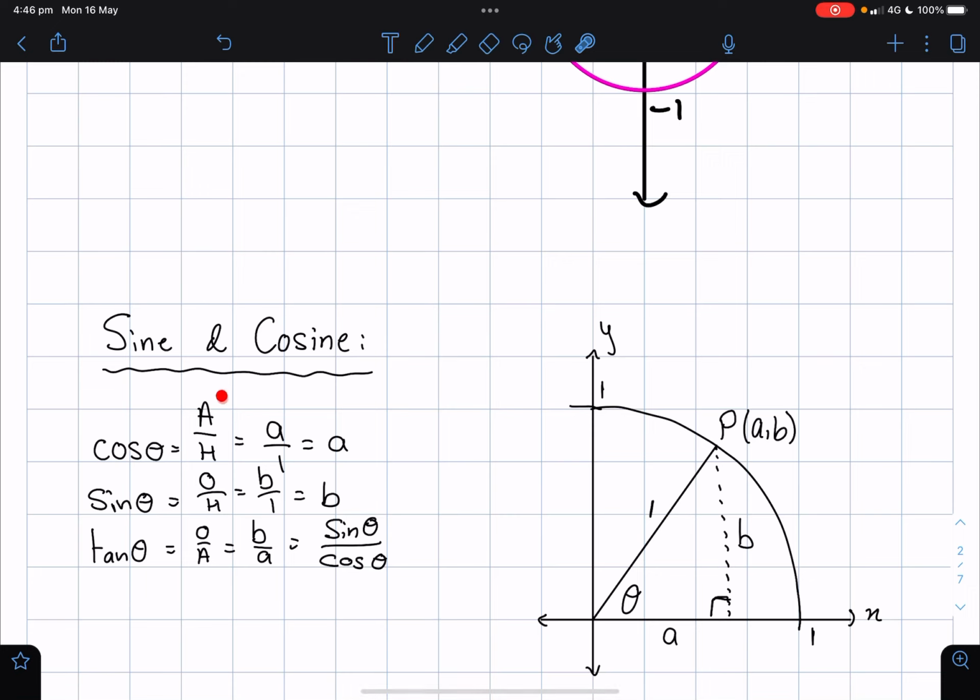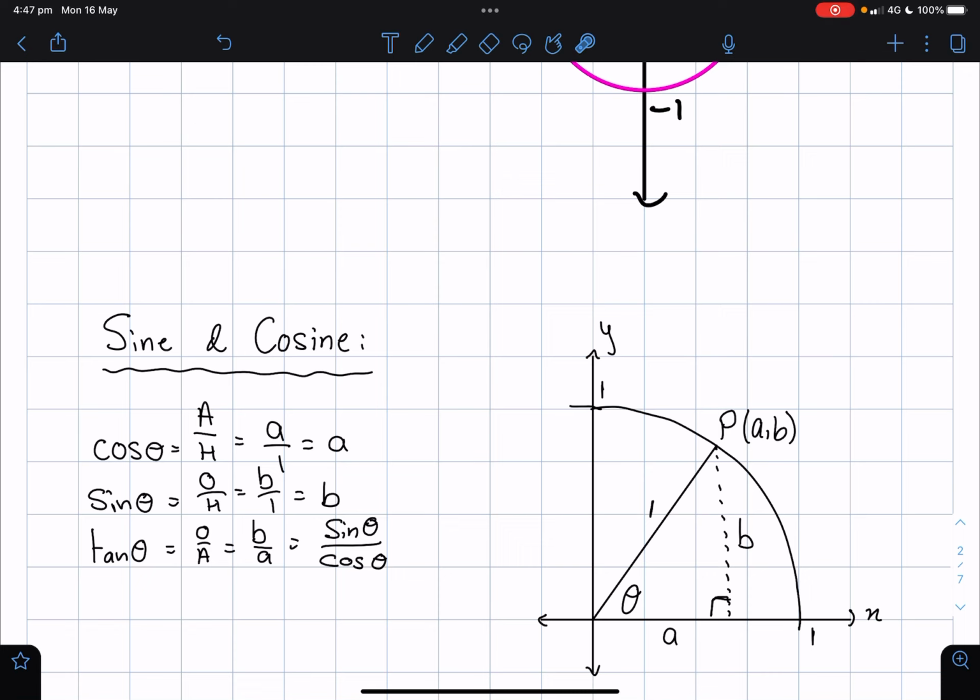Cos theta, now that's adjacent over hypotenuse, which is A divided by 1. Anything divided by 1 is A. Sine theta, same thing, but opposite over hypotenuse. The opposite we've defined to be B. B divided by 1, again, anything divided by 1 is itself, so sine theta equals B.